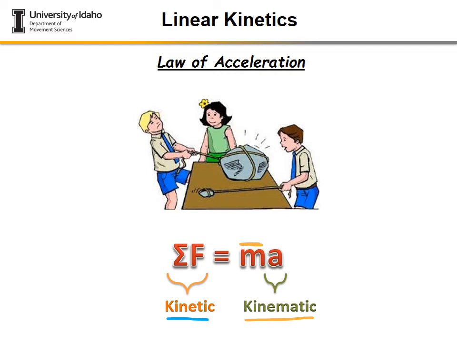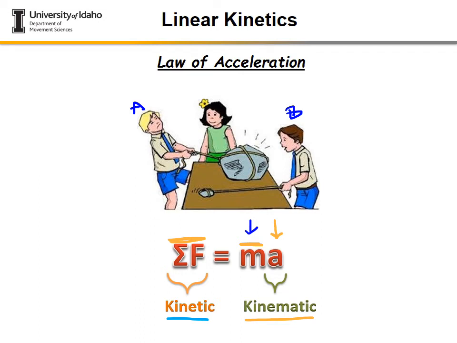If they both want the same acceleration on their rocks, then the force will have to be different based on the mass, or the inertia, of the object. So if we put the blonde-haired kid as A and the brown-haired kid as B, which one would need to create a greater force or pull on the rock to elicit the same acceleration as the other one? And of course the answer is A.